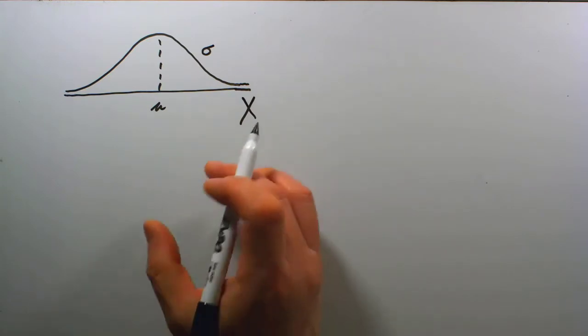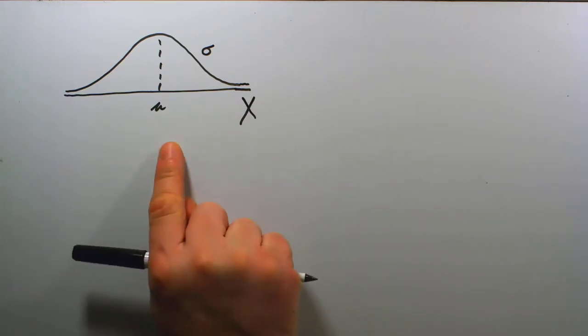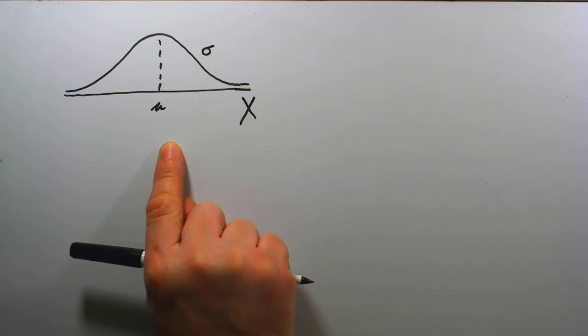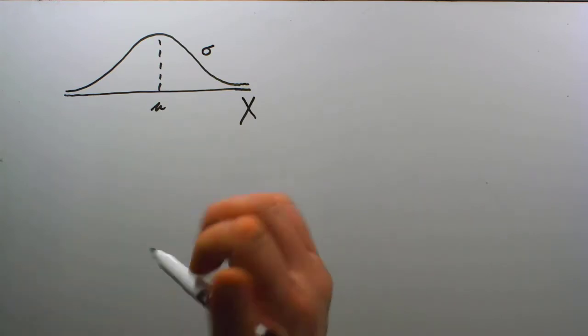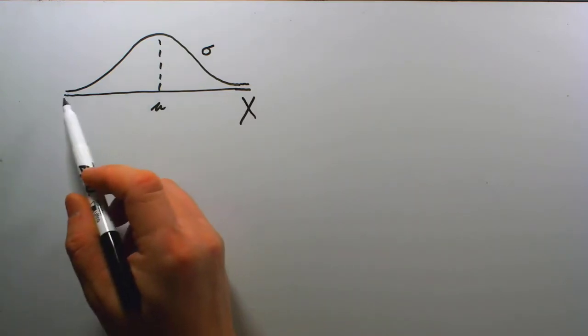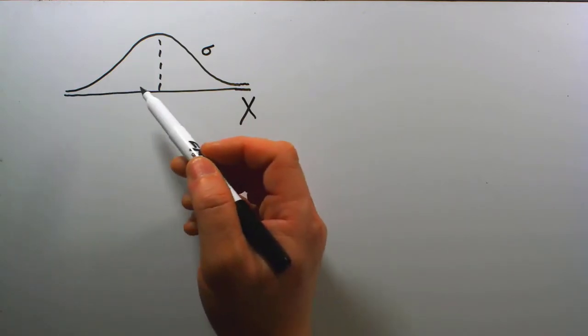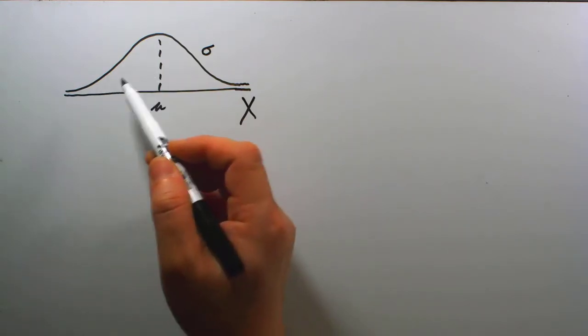But before we actually investigate that close connection, I need to remind anyone viewing this video that a bell curve in the end doesn't matter if it is a general normal distribution or a standard normal distribution.